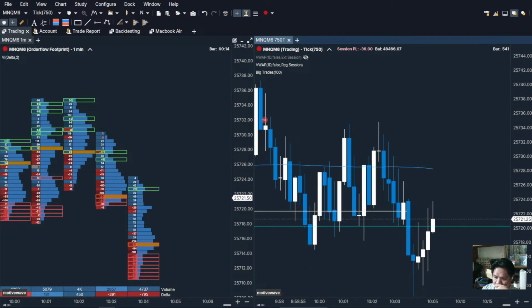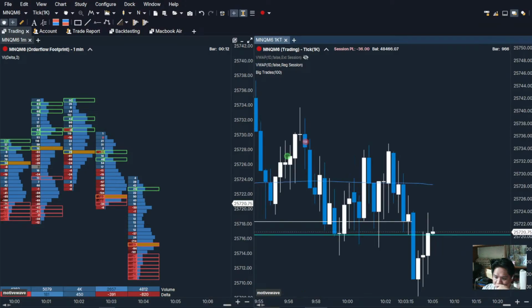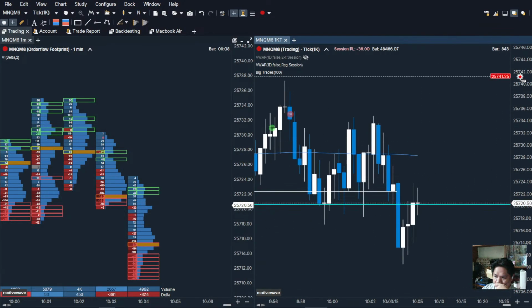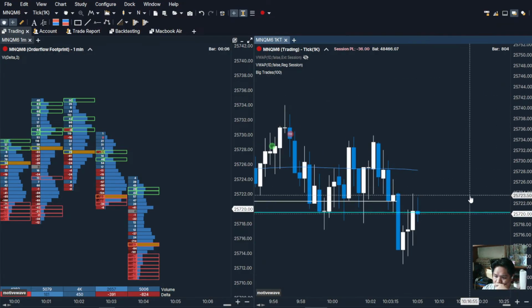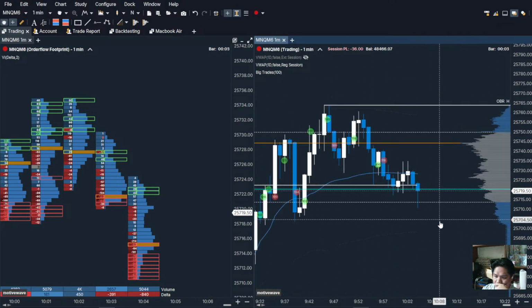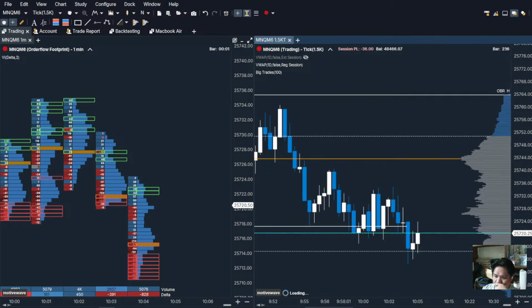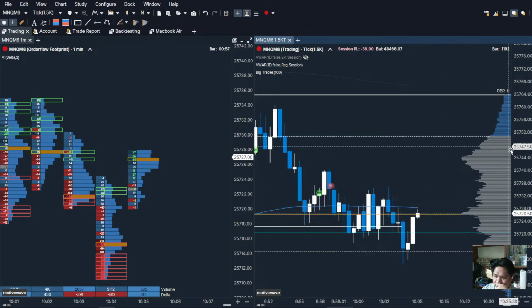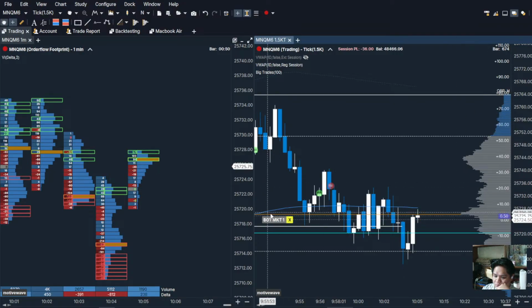Looking at 750s, 1.5s. We break above there. There we go. I'll be interested in buying one here.